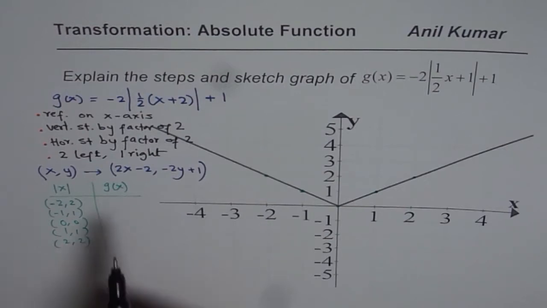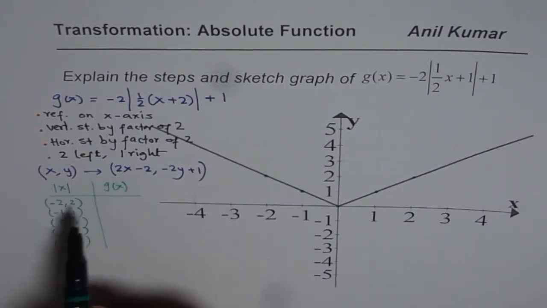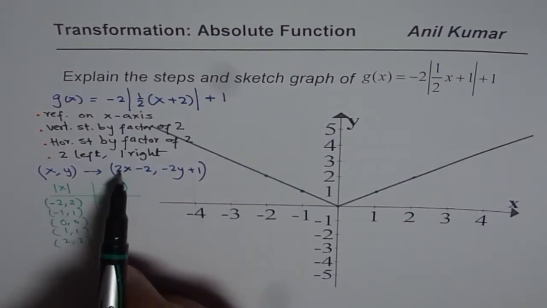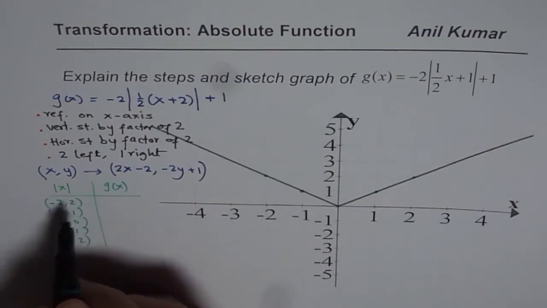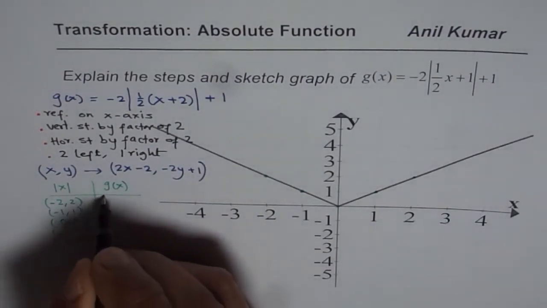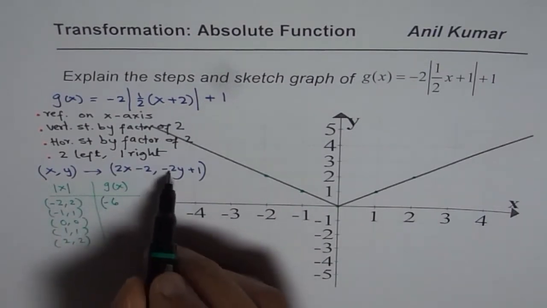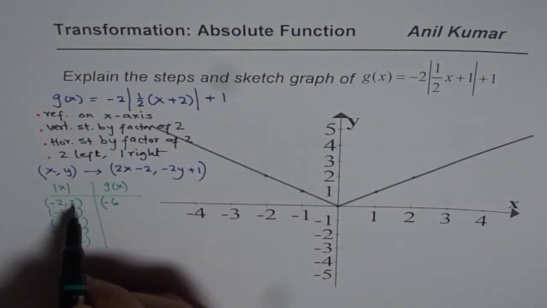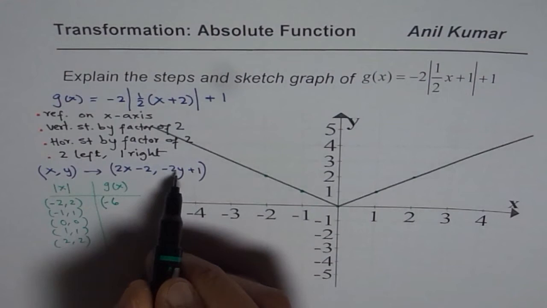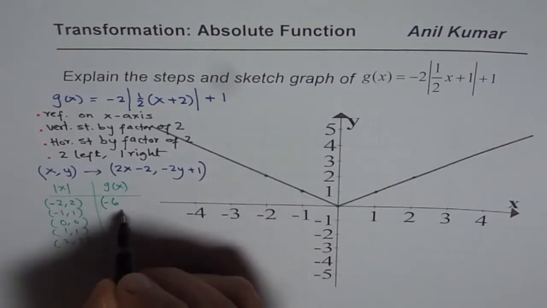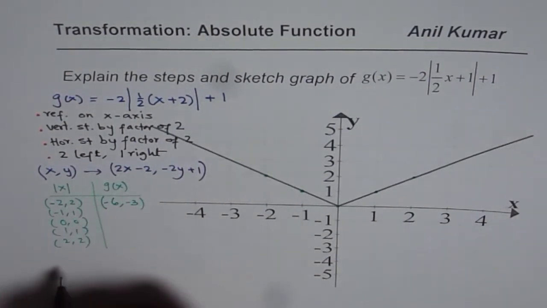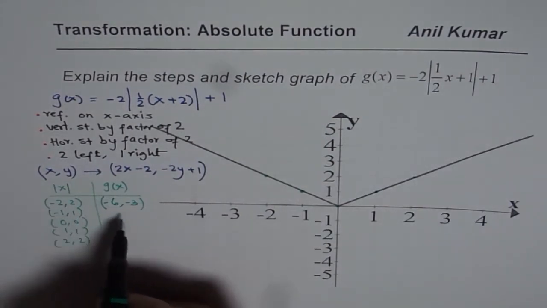Once they get transformed, minus 2 becomes, we have to multiply by 2, so it becomes minus 4, and minus 4 minus 2 is minus 6, right? As far as y is concerned, 2 becomes minus 4, and minus 4 plus 1 will be minus 3. Similarly, do all calculations.